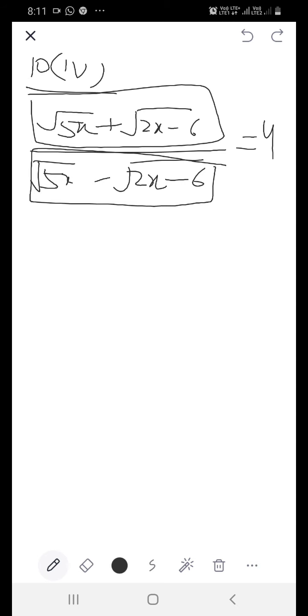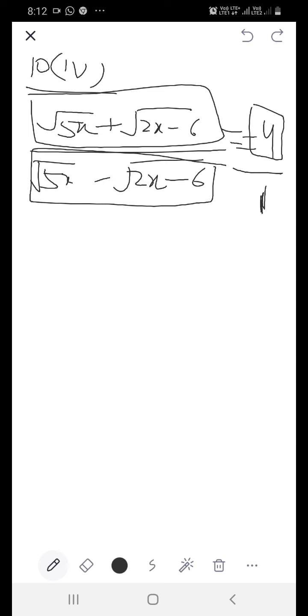So it becomes a upon b is equal to 4, which is your c. But you see d is not given. So you are going to write d yourself as 1. So now it becomes a upon b is equal to c upon d. So you are going to write 4 as 4 upon 1.